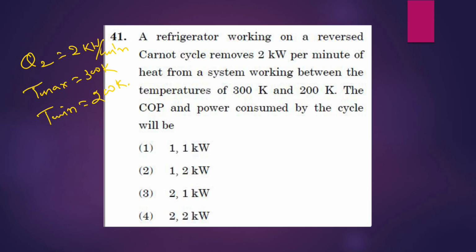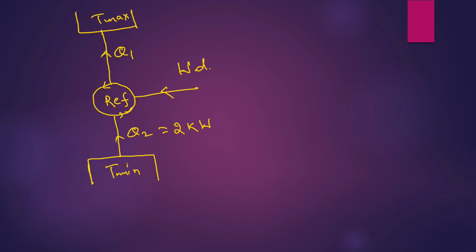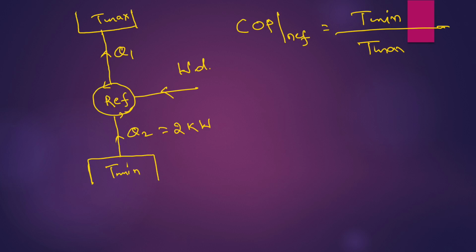COP we have to calculate. COP and power consumed, work done. You know Carnot COP of refrigerator is equal to desired effect, and for refrigeration minimum temperature is required. So desired effect is T minimum divided by work done. Work done is T maximum minus T minimum. This is equal to refrigerating effect divided by work done.